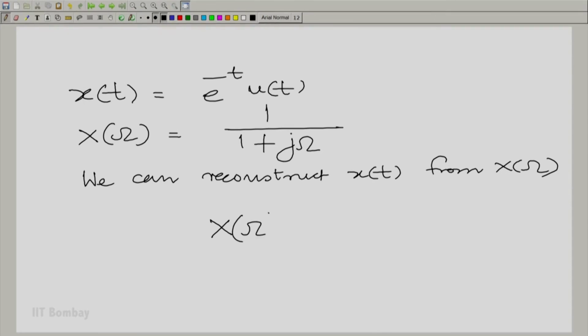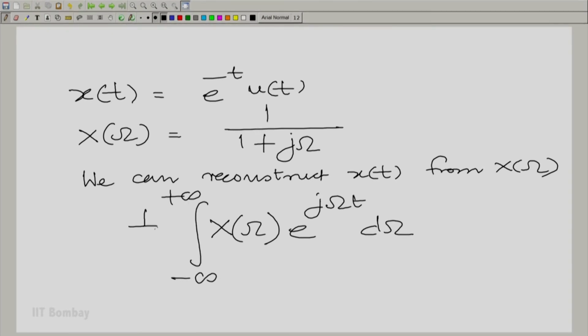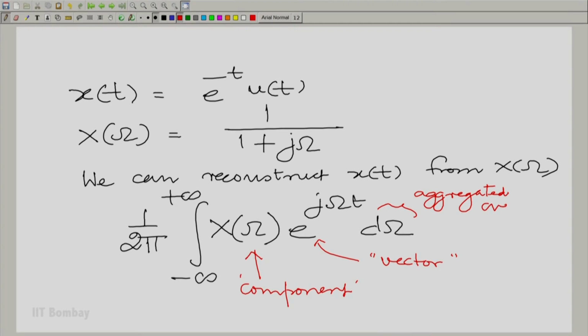Essentially what you need to do is to take a product of the component multiplied by the vector, integrate over all components. Recall, we had given a geometrical interpretation to this. The component, the vector aggregated over all vectors, and a normalization. This was the interpretation. What are we saying?